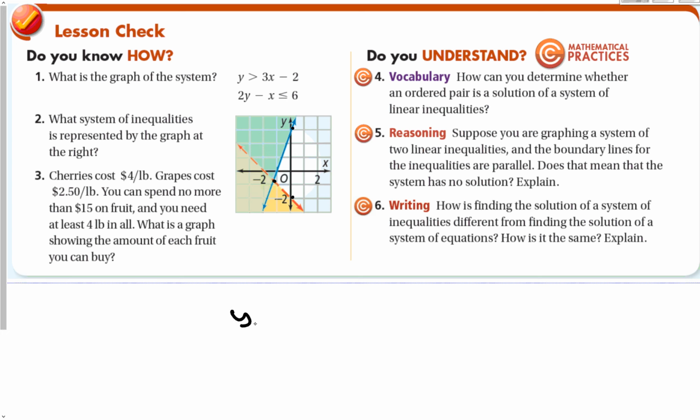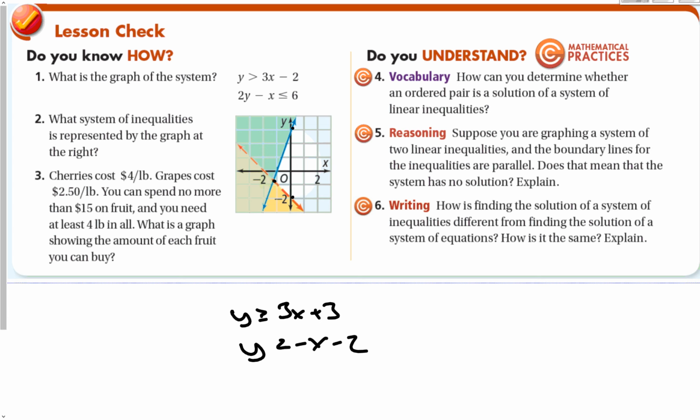For the blue line, it would be y is greater than or equal to, the slope is 3, so that's 3x plus 3. And for the red line, we have a slope of negative 1, so y is going to be less than negative x minus 2.